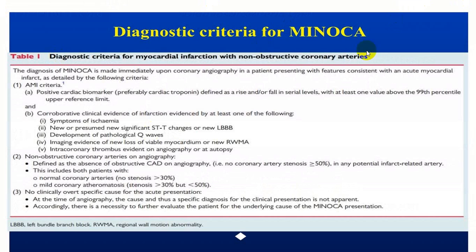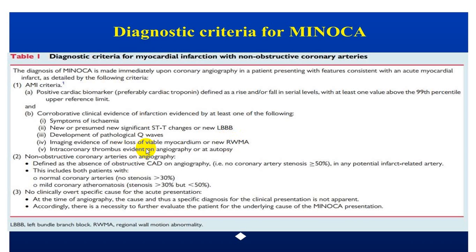And these are the diagnostic criteria for MINOCA, that is acute MI criteria: positive biomarkers, then symptoms of ischemia, ST segment elevation or new LBBB, pathological Q wave, regional wall abnormality.